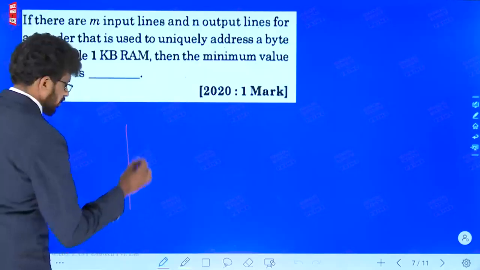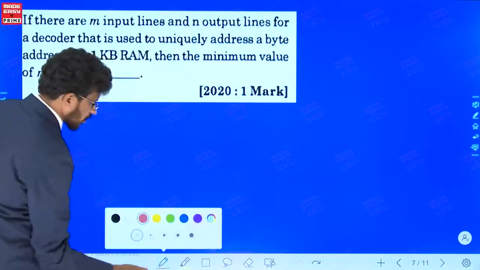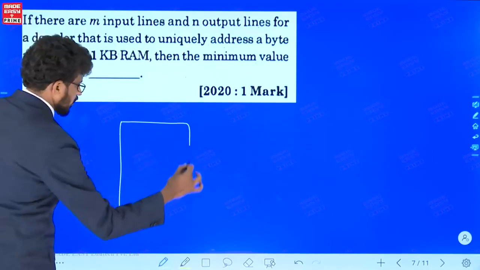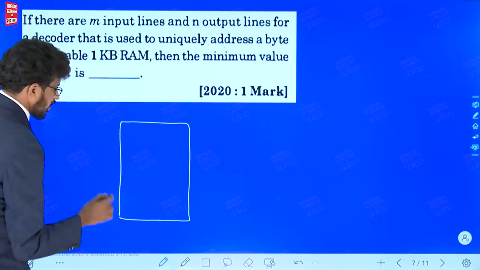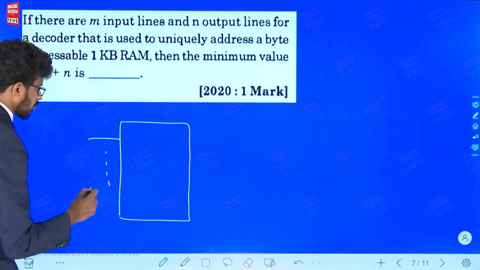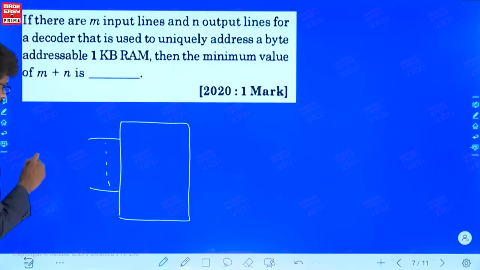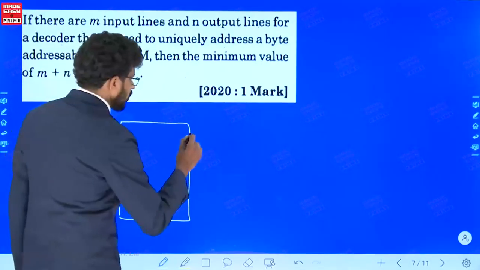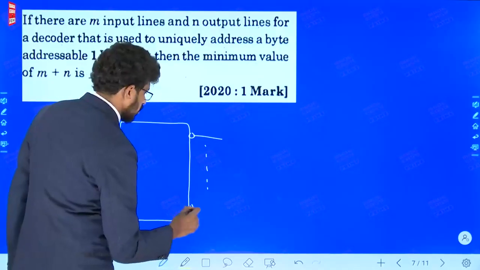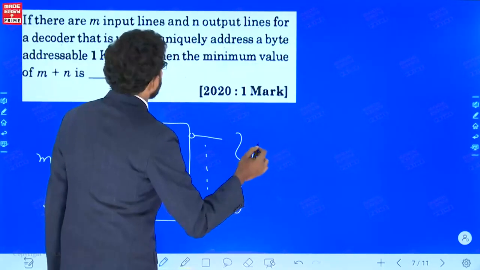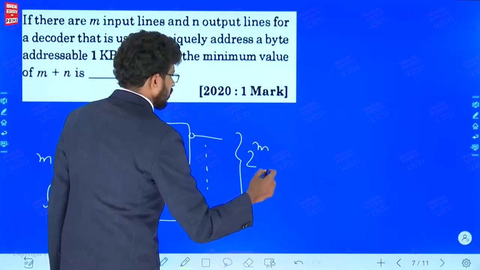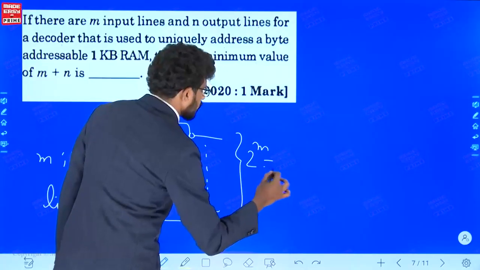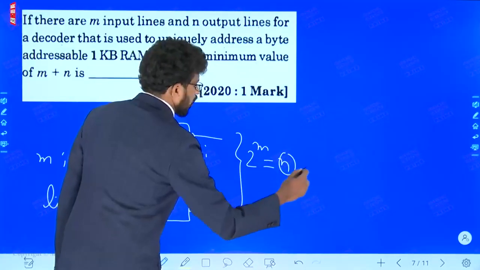So this is some decoder. This decoder has m input lines and 2 power m, that is n, output lines.